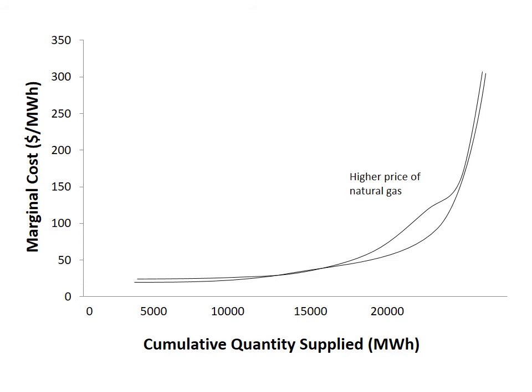So if we have a higher price of natural gas, that actually deforms the shape of the system supply curve. The part of the curve that's associated with natural gas prices increases. Likewise, if we have a lower price of natural gas, which is what we have now in the United States, then the shape of the curve associated with natural gas plants gets lower, because the cost of producing electricity from those power plants is lower.